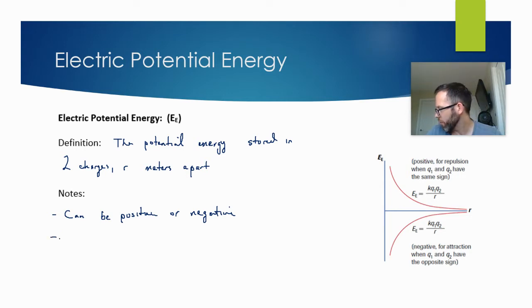And my second note, I just want to emphasize this. You can think of electric potential energy as the energy stored in two charges that are meters apart. As you bring two objects together that want to repel each other, it's almost like compressing a spring. You're storing energy, and then when you release that, they're going to fly apart.